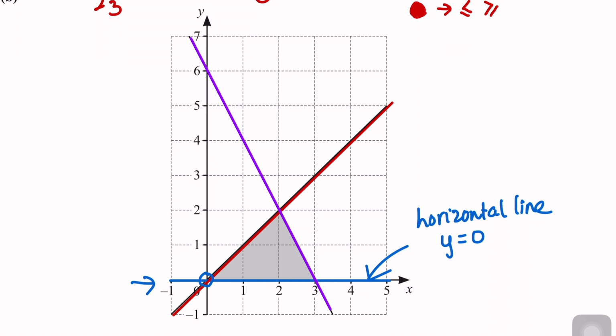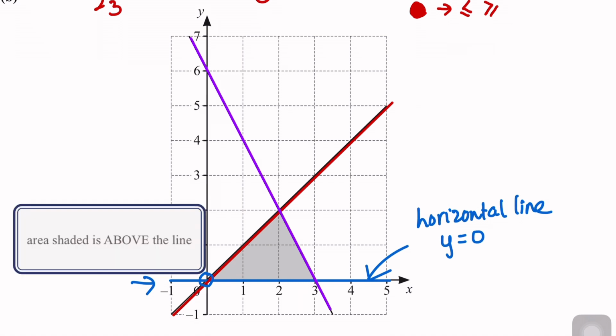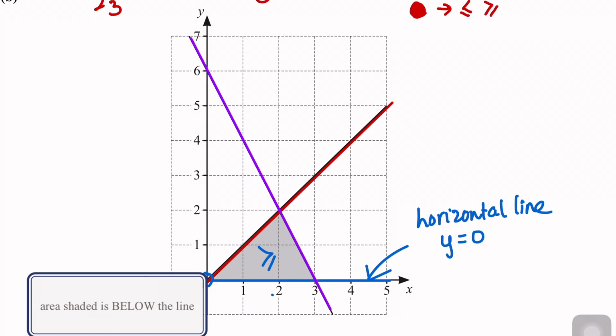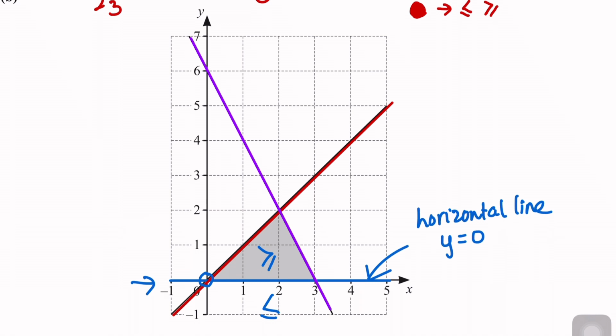Then see which region it covers. Is it above or below? Usually, if the area is above the line, we put greater or equal to. If the shaded area is below the line, we will put lesser or equal to. For this case, it's above the line. We shall use the inequality greater or equal to. So the equation will change to y is greater than or equal to 0.